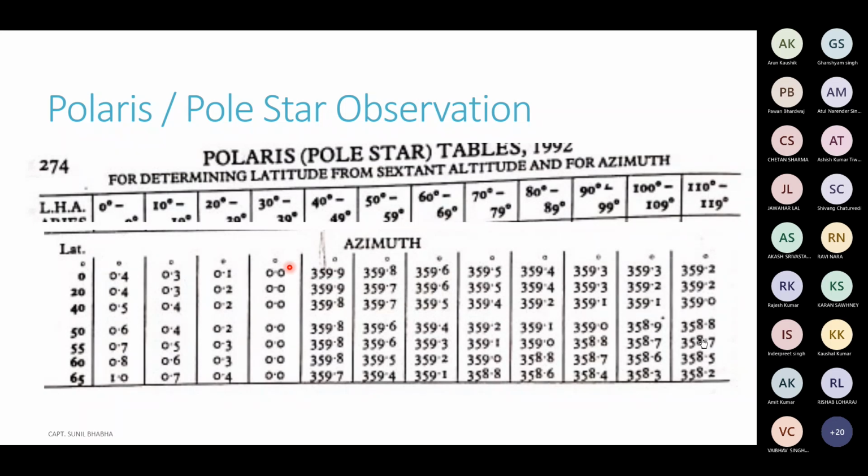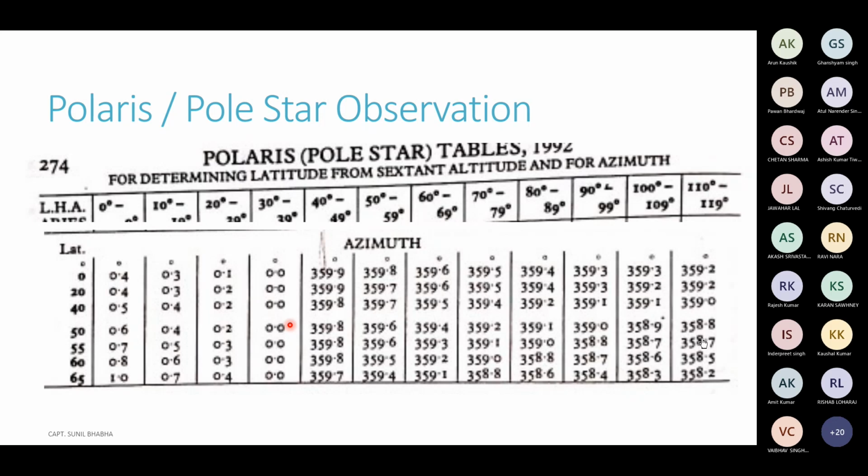If you go to the second page and the third page, you will see that with the LHA range 210 to 219, again the azimuth in that range of LHA is exactly 000.0. Now this is significant, this is important. I will tell you about its importance when we plot the Polaris observation.